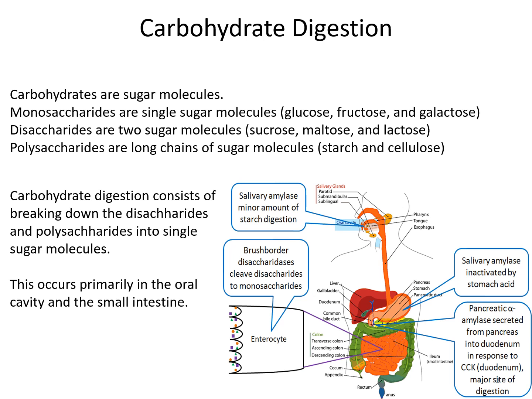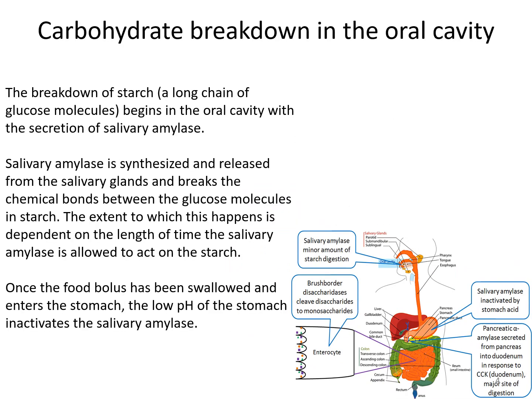Carbohydrate digestion is essentially breaking the bonds in between the long chains of polysaccharides, or in between the two sugars involved in a disaccharide, until you get a single sugar molecule. The majority of carbohydrate digestion is going to take place in the oral cavity and then in the small intestine. It starts in the oral cavity with the enzyme salivary amylase.